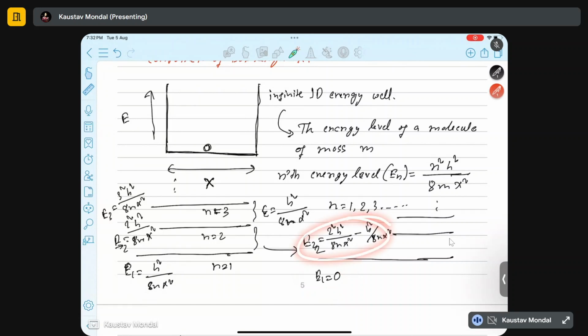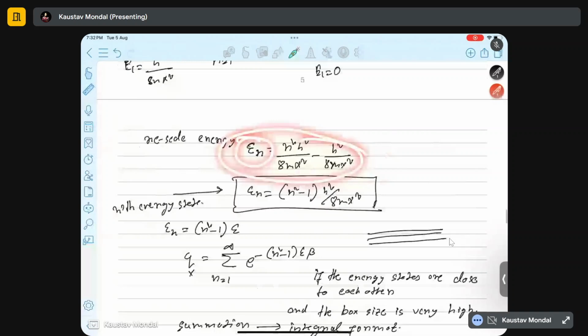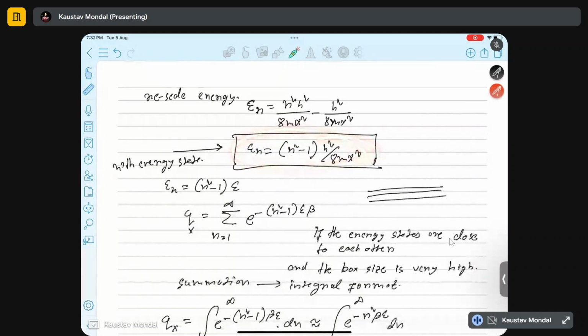In general, the rescaled energy En is written in terms of n square minus 1. So we got the expression of the energy states. Next, we calculated the partition function. We take the summation of the energies, e to the power.